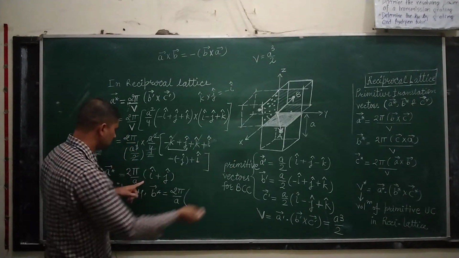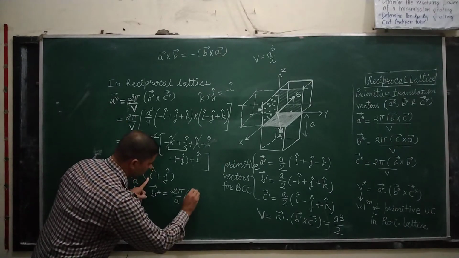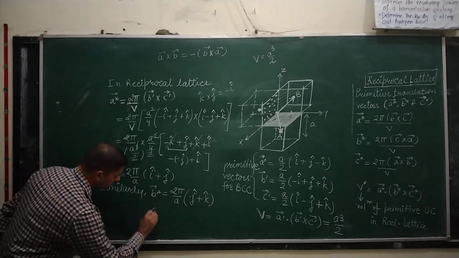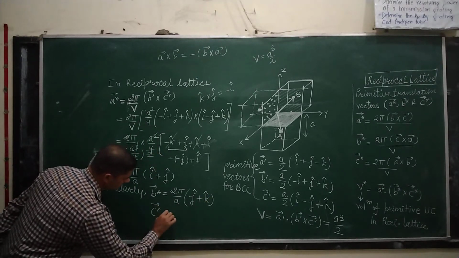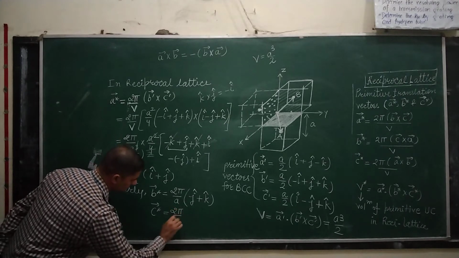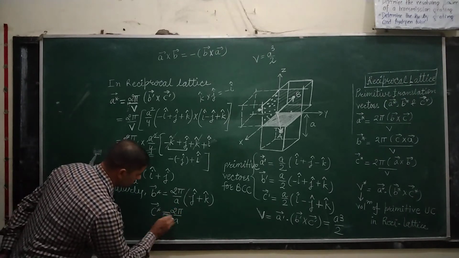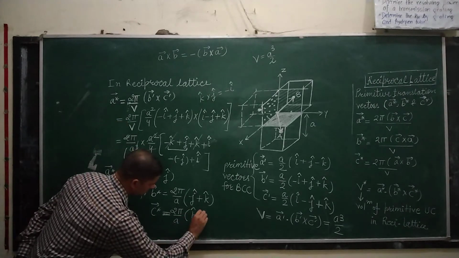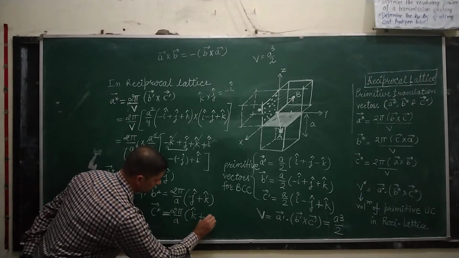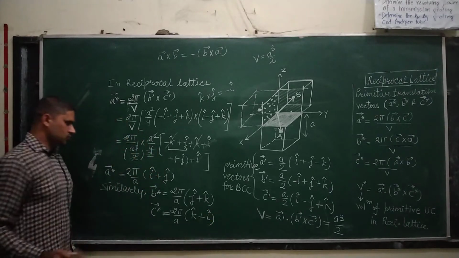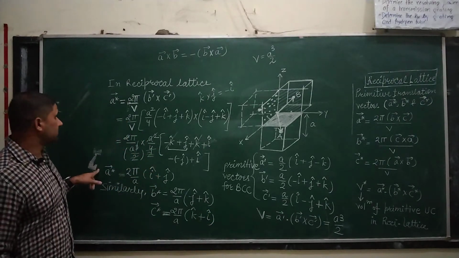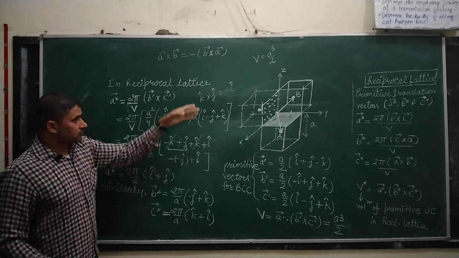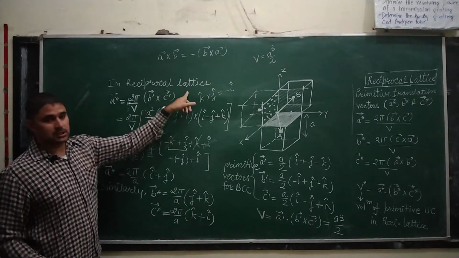Using that relation you will get j plus k, and c star, this is equal to 2 pi by a into k plus I. So this is how you can calculate the primitive vectors of BCC in reciprocal lattice.